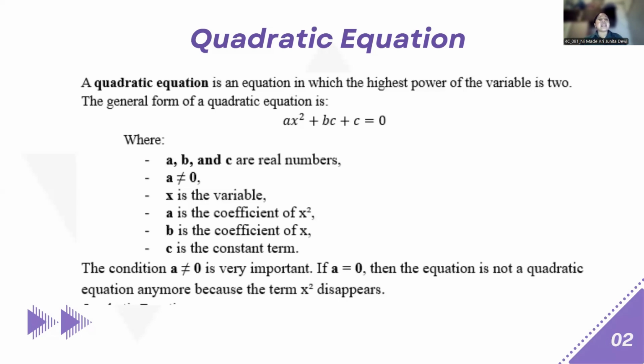And here, x is the variable, a is the coefficient of x squared, b is the coefficient of x, and c is the constant. For example, x squared plus 5x plus 6 equals 0. This is a quadratic equation because the highest power of x is 2.